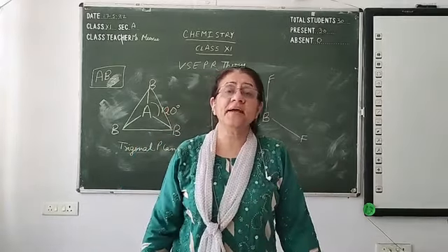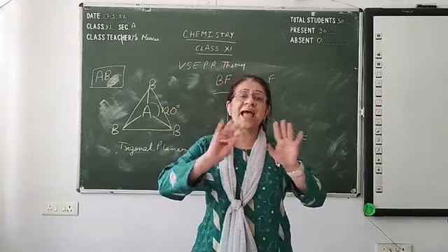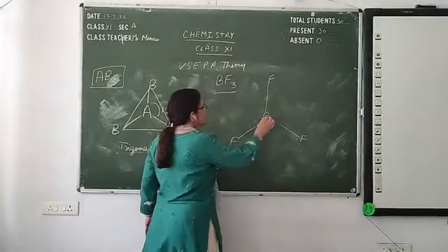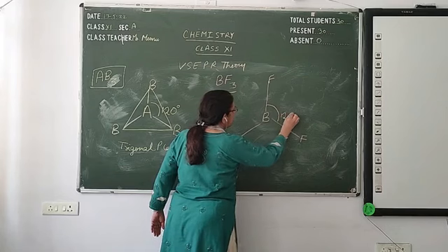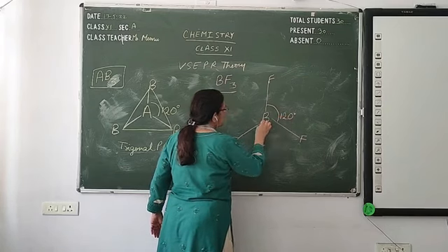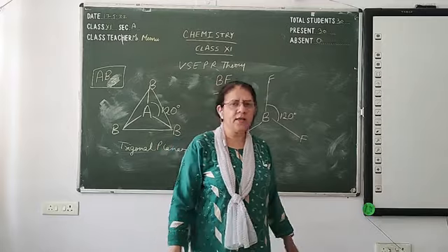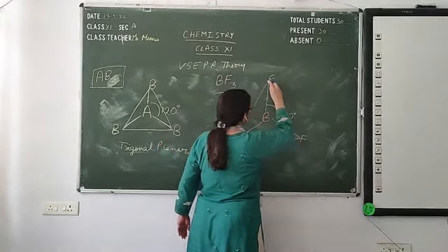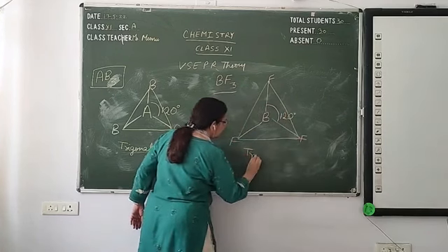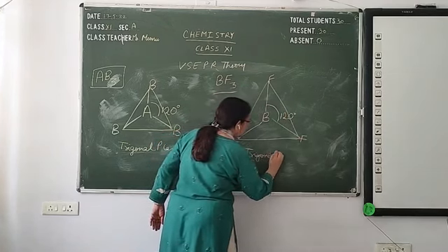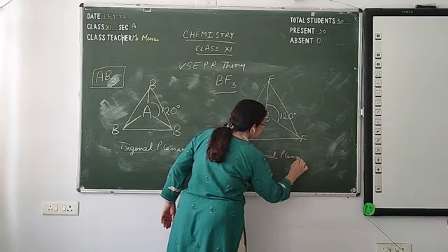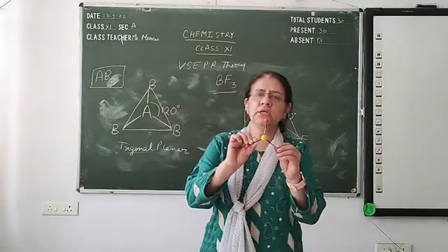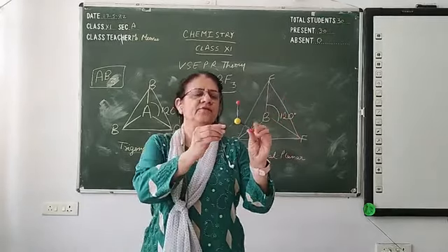These 3 electron pairs tend to stay as far apart as possible. Hence, each bond angle will be 120 degree, and the shape will be trigonal planar.